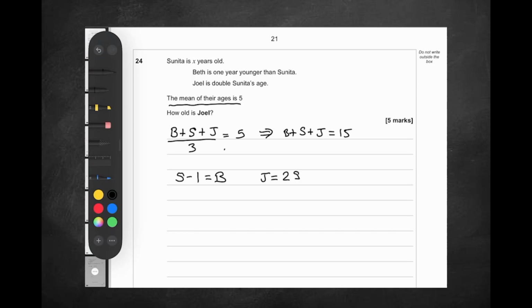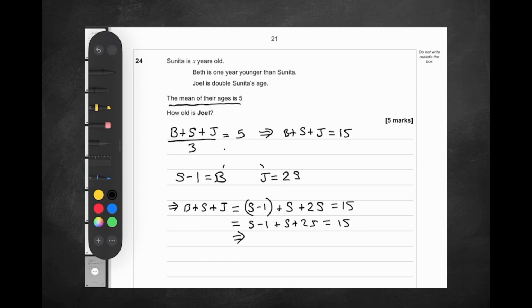So if we replace B and J in our equation with the values of S, we're going to say, therefore, B plus S plus J equals S minus 1 plus S plus 2S equals 15.